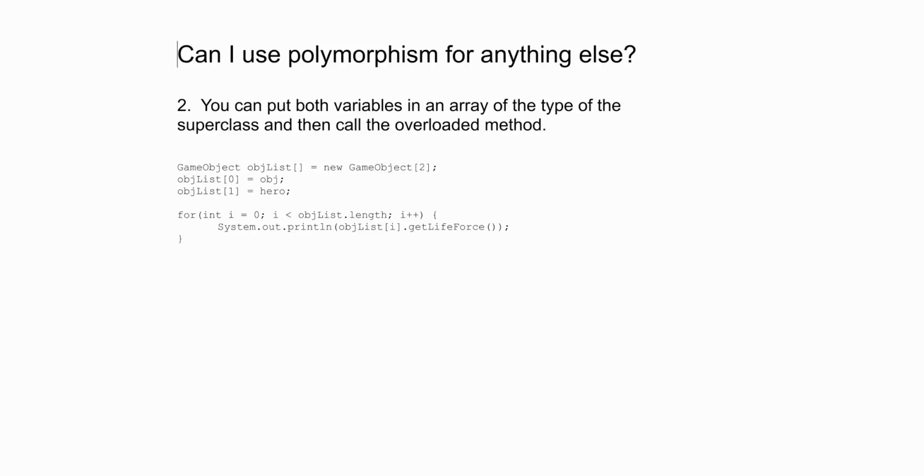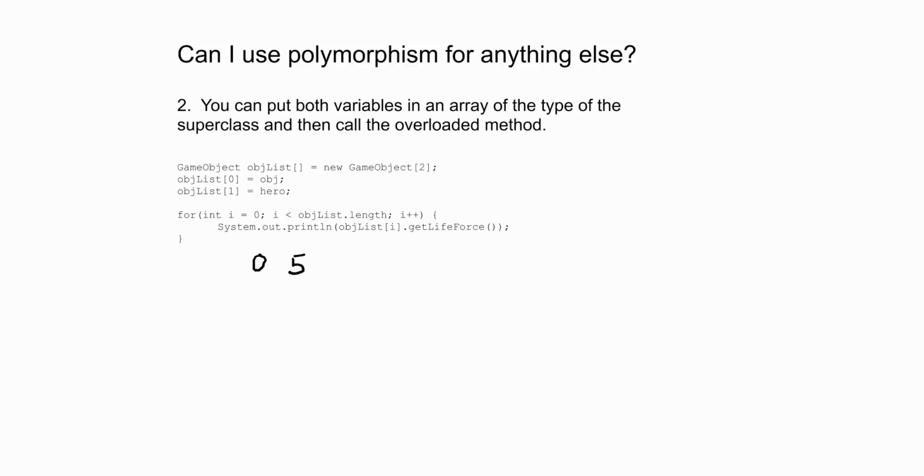Well, I'll talk about that in a second. Right now I'm going to tell you what it does. The very first one is going to print out a 0, and the second one is going to print out the 5.